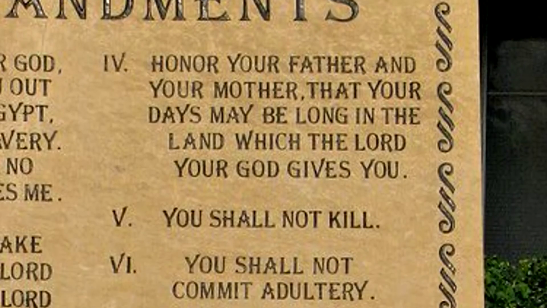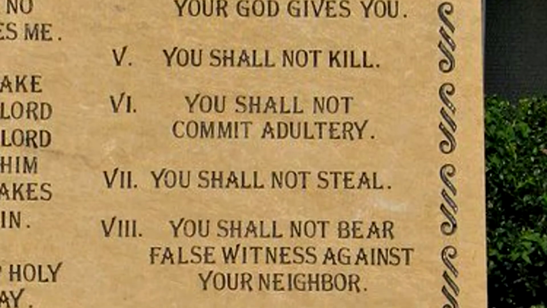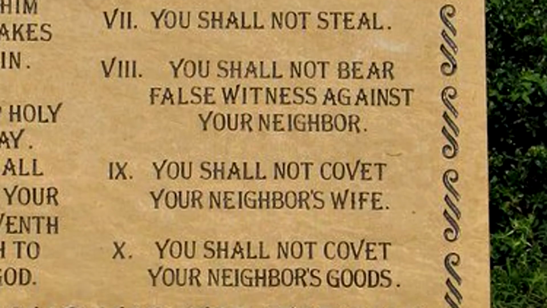Certainly, at least the last seven commandments would be what we call natural law. These are things which we know instinctively. We instinctively know not to kill others, not to steal from them. We know instinctively that it is wrong to covet our neighbor's spouse or their possessions.